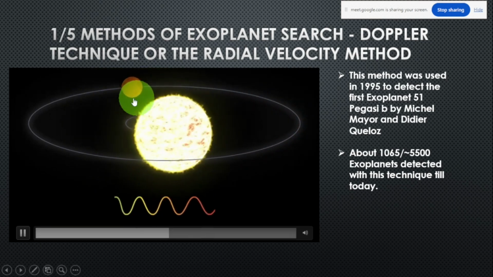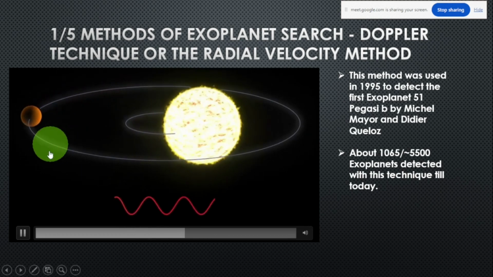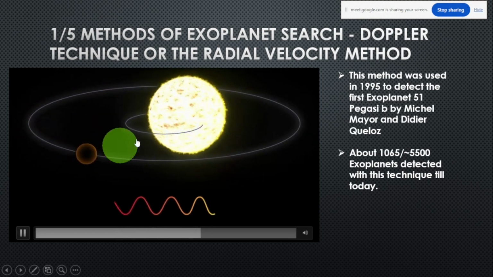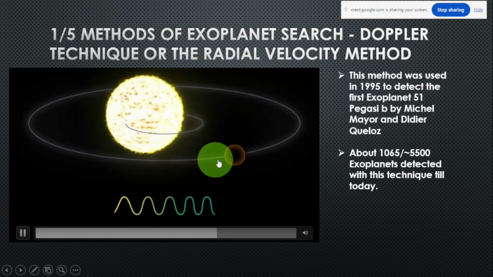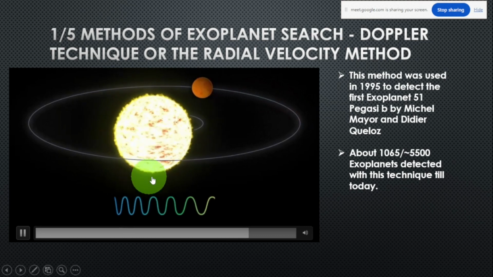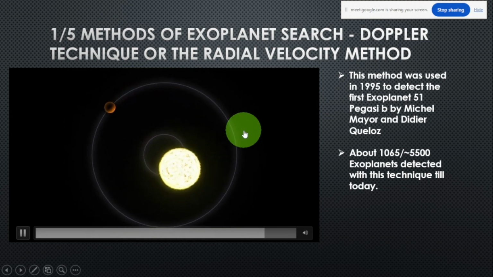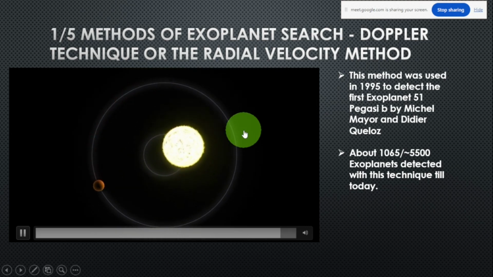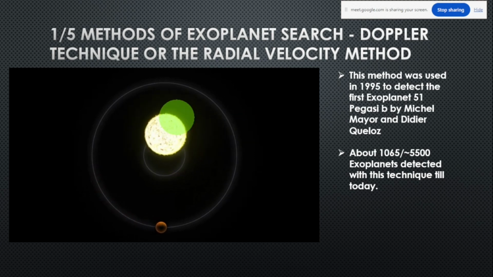So as you observe this star, as the planet is orbiting about it, as it is approaching you, you are in the orbital plane, it is coming towards you.